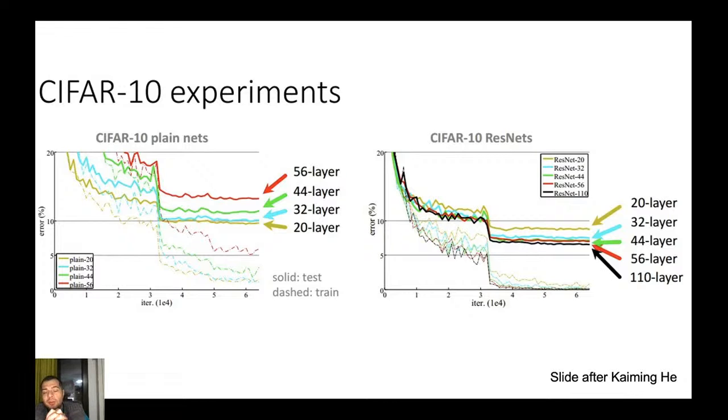Naturally, when you increase the model capacity, you expect the model to overfit the data more, not to do less overfitting. So this is a bit puzzling, and they figured out that this was due to the vanishing or exploding gradients. Then they proposed this modified architecture called residual net.